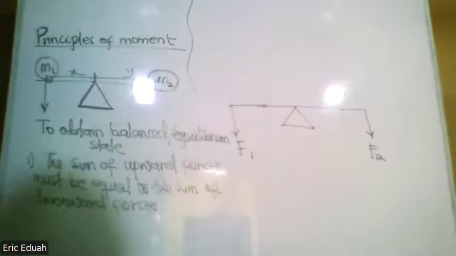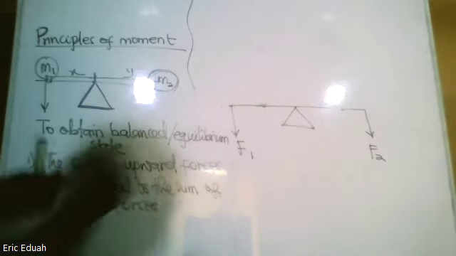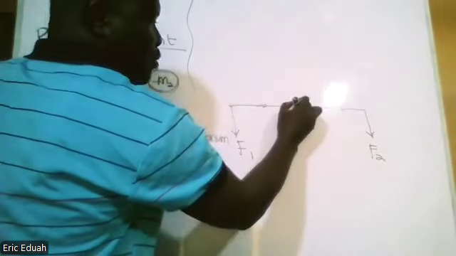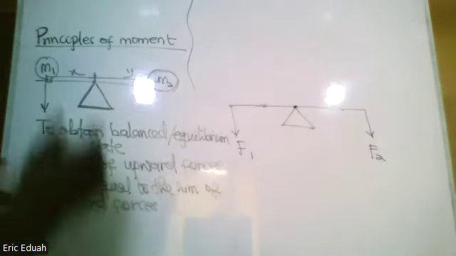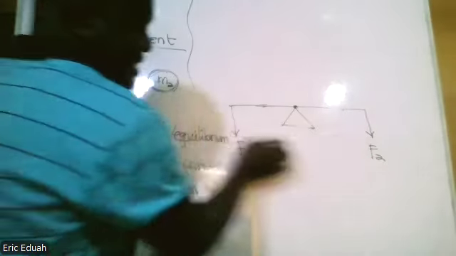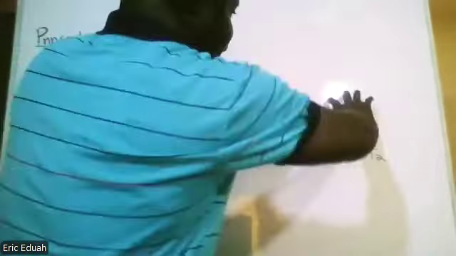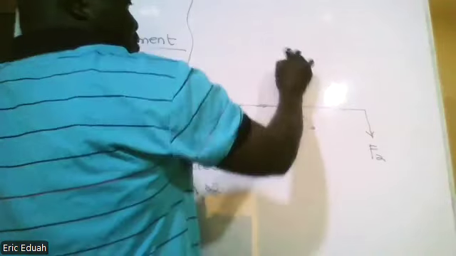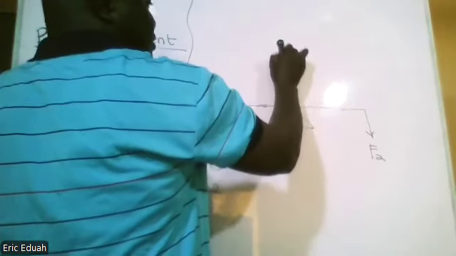Then, for balance or equilibrium state to occur, this pivot must supply an upward force which will balance this, else the bar would even break. So for balance, the force produced by the pivot, which we will call the reactional force.